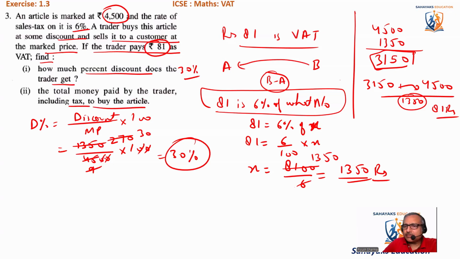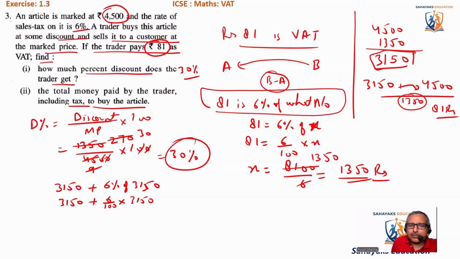Now, the total money paid by the trader, including tax, to buy the article. They want to know how much the trader paid to buy this article. First of all, he bought it for 3150, plus he must have paid some tax on it. How much tax has he paid? 6% of 3150. So this is the amount the trader has actually paid. So we'll say it is 3150 plus 6 by 100 into 3150.